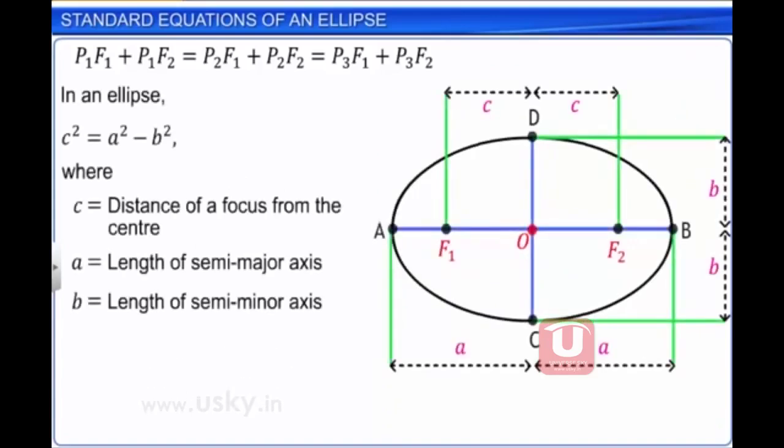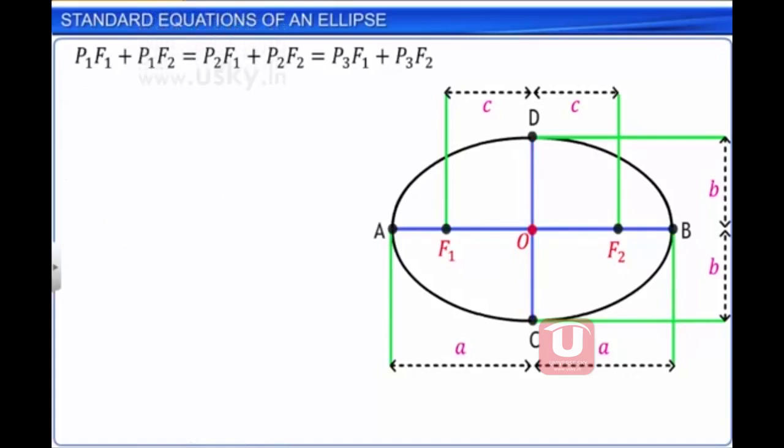You also derived the relationship C square is equal to A square minus B square, where C is the distance of a focus from the center, A is the length of the semi-major axis, and B is the length of the semi-minor axis of an ellipse. Now let us look at another important relationship in an ellipse.